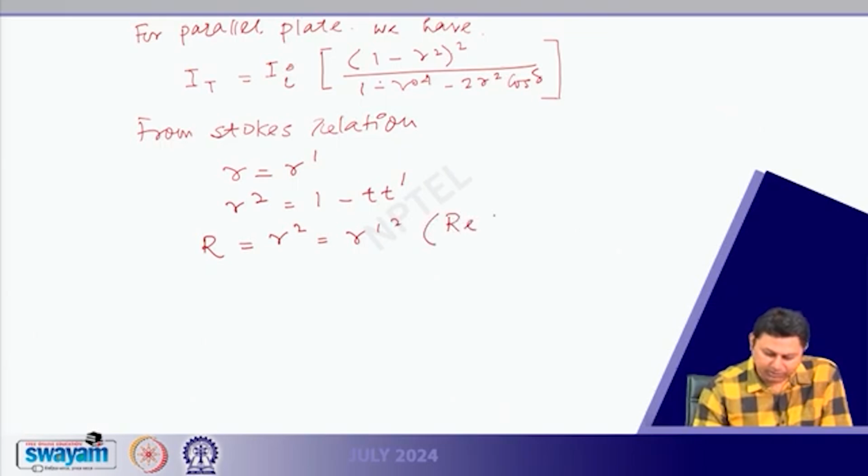This is the reflectivity, where the transmittivity is defined by t t prime.